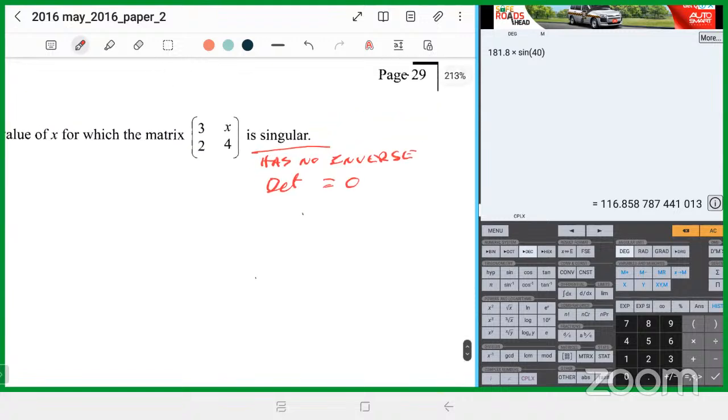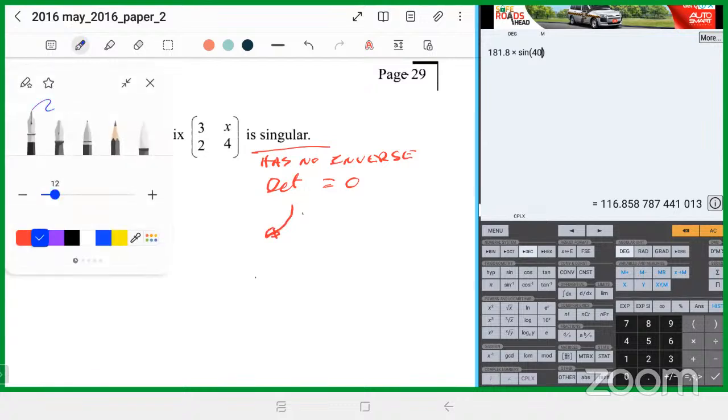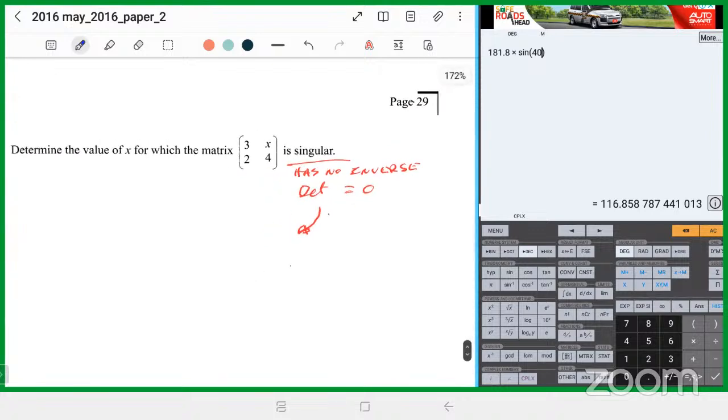When the determinant is equal to 0, the diagonal products are the same. Doing the mathematics the easy way now, guys. We're getting more advanced. When the determinant is equal to 0, the diagonal products are equal. So this product, which is 2x, is equal to this product, which is 3 times 4.